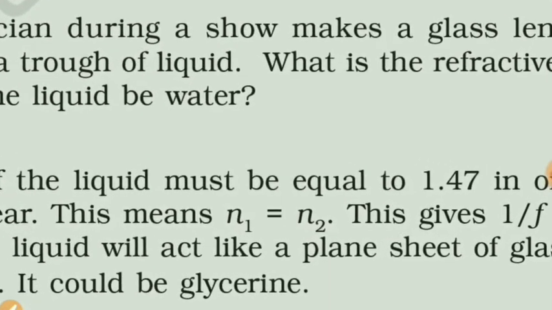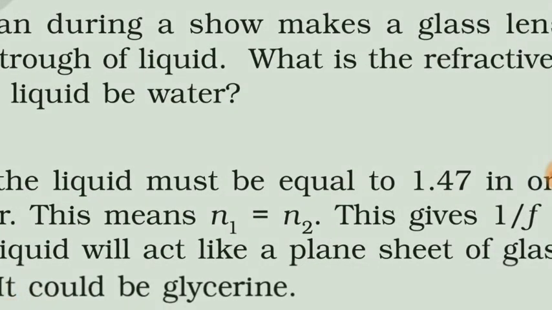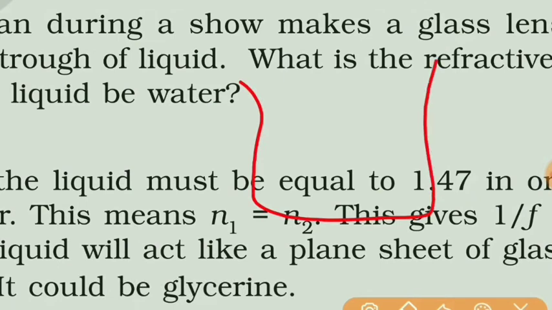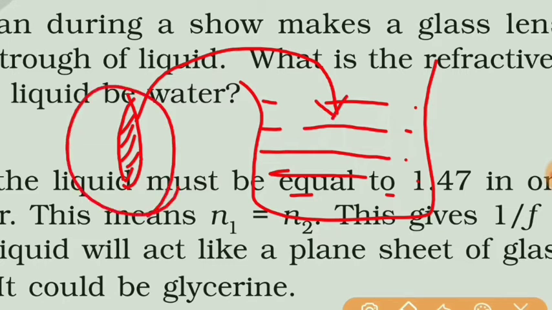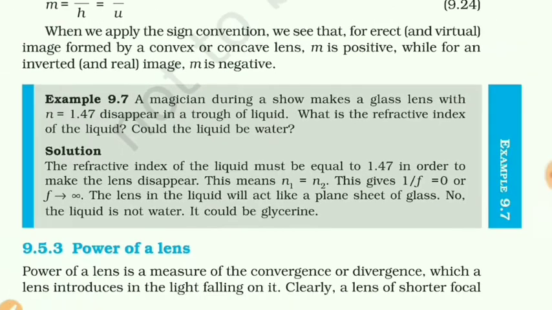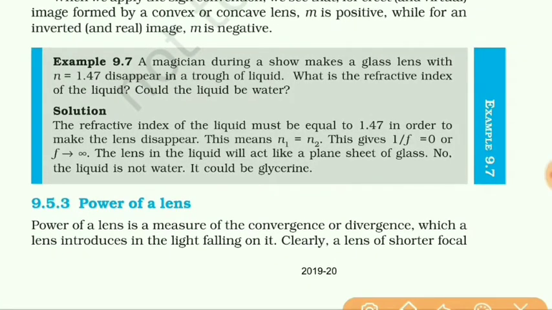So students, suppose consider a beaker filled with some liquid, and this is a glass lens. Now if I put this lens inside this liquid, then this glass lens disappears in the liquid. This can happen if and only if the refractive indices of the glass as well as the liquid are the same.